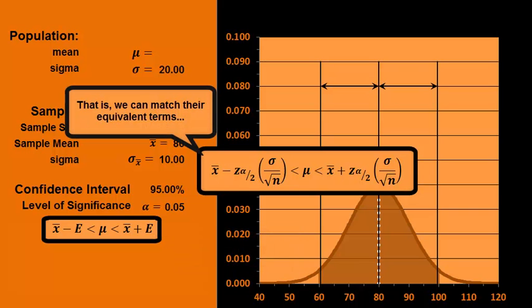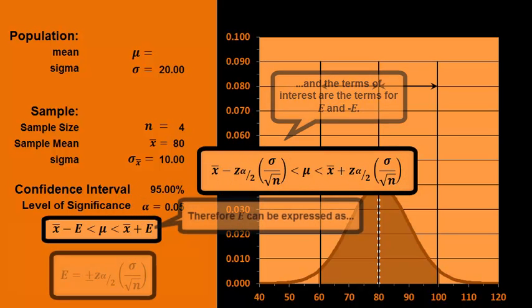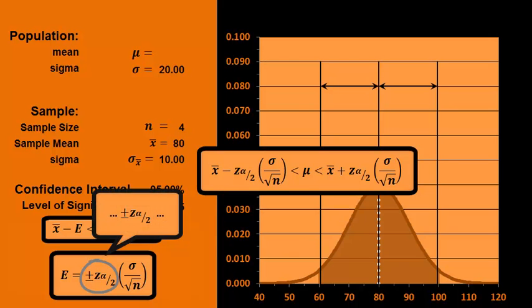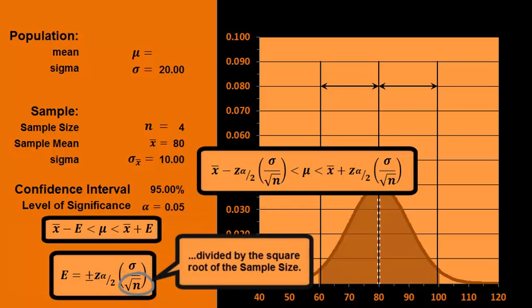That is, we can match their equivalent terms. And the terms of interest are the terms for e and minus e. Therefore, e can be expressed as plus or minus z of alpha over 2 times the standard deviation of the population divided by the square root of the sample size.